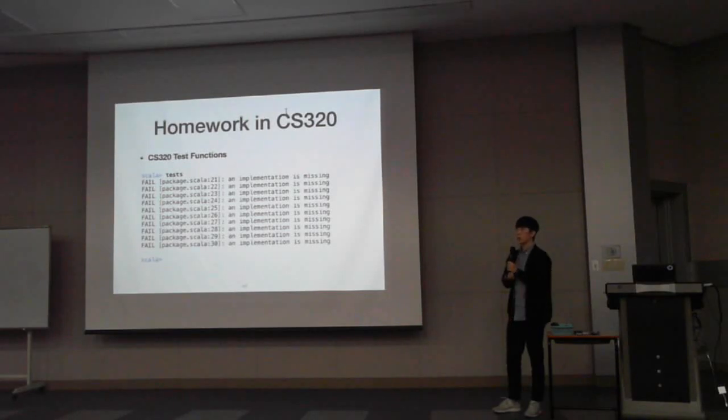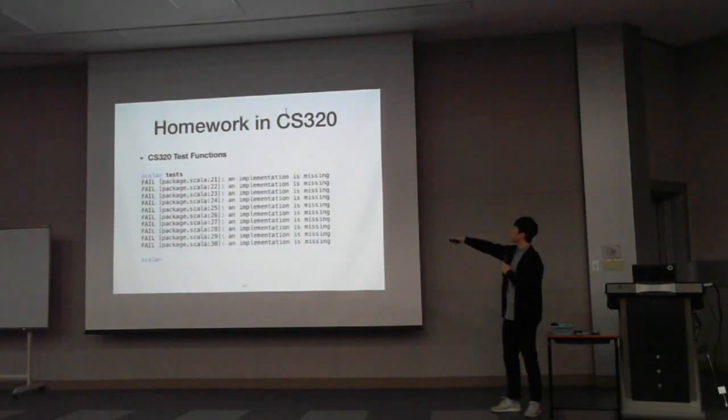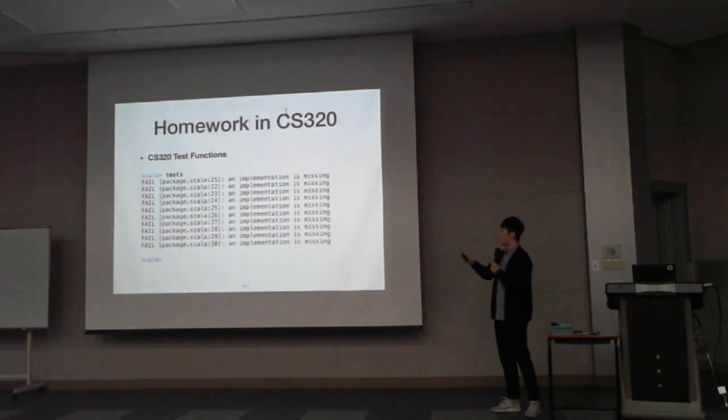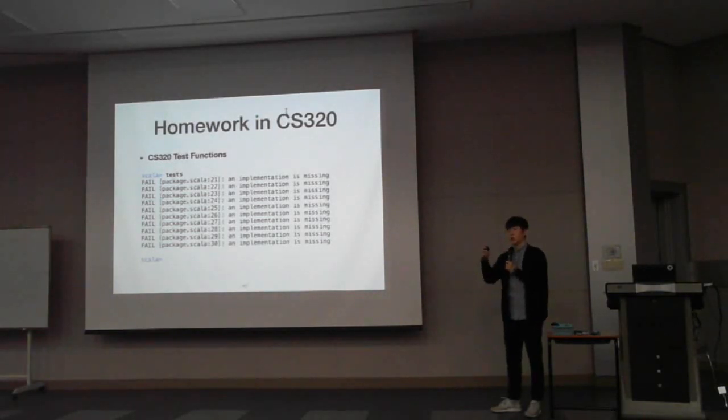And we also provide multiple testing through a function named test. In the source code there is a function named test, so put your own test cases in that function, then just run the tests in the Scala console. Then you can run all the tests you inserted in the source code.